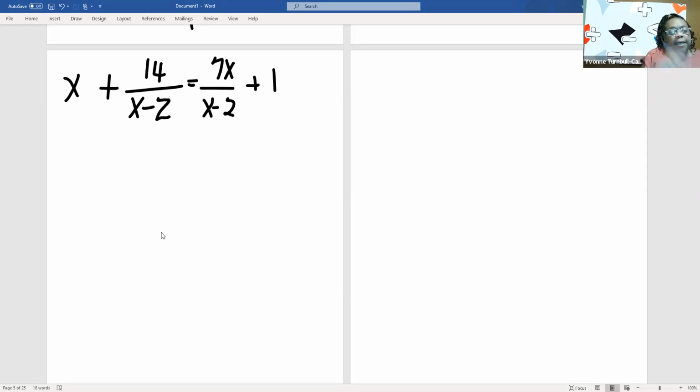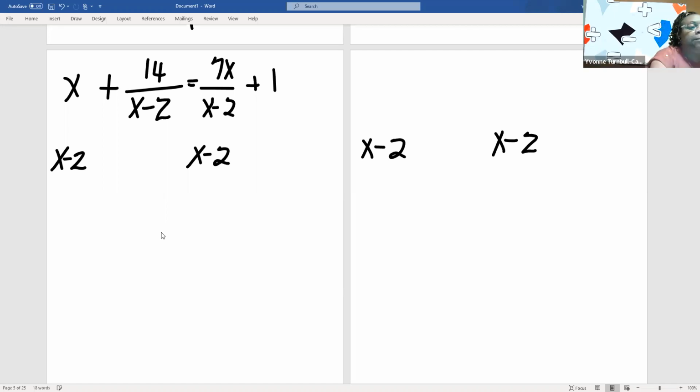But you're still multiplying each term by the LCD. All right, we're going to write the LCD in black. That's x minus 2. x minus 2, that's my LCD. x minus 2, and x minus 2. LCD is in black.